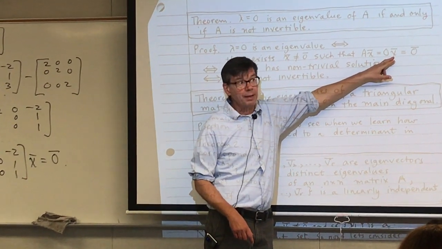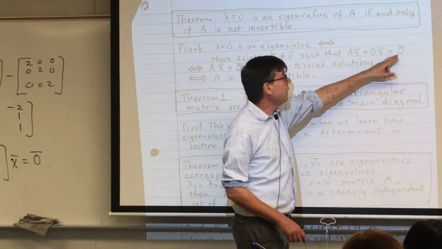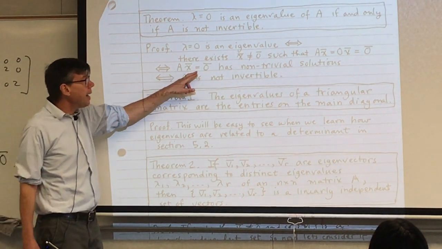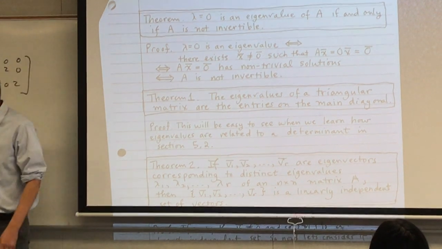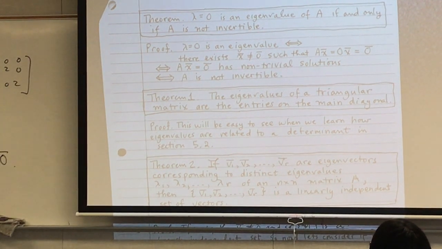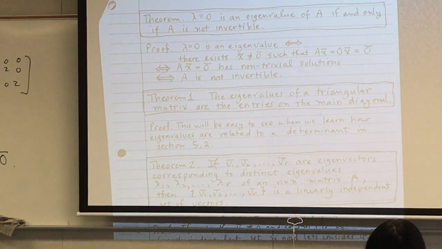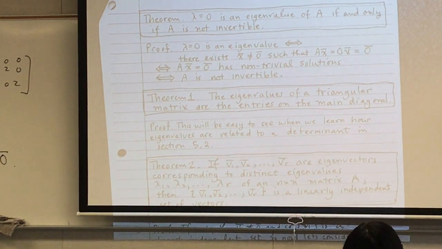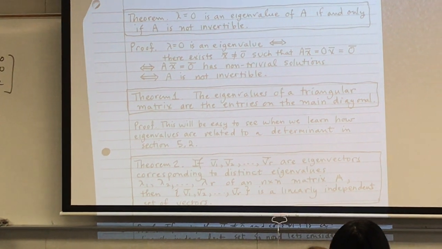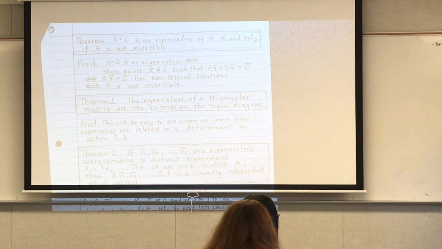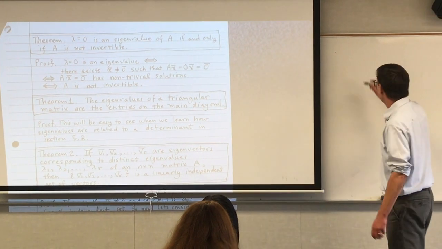You might want to write that right next to that, equals 0. And what that means is Ax equals 0 has non-trivial solutions. If Ax equals 0 has non-trivial solutions, A is not invertible. I feel like I want to write down what I just said in words so you see that.